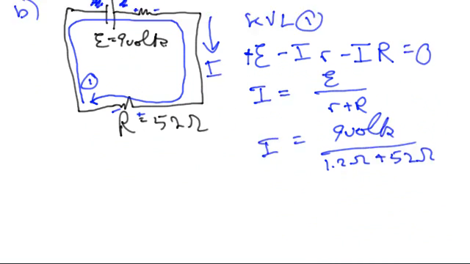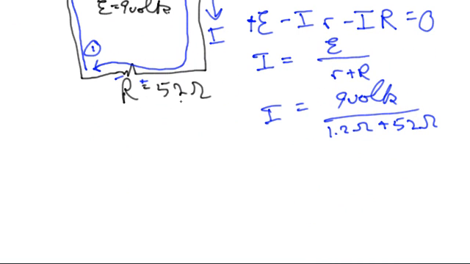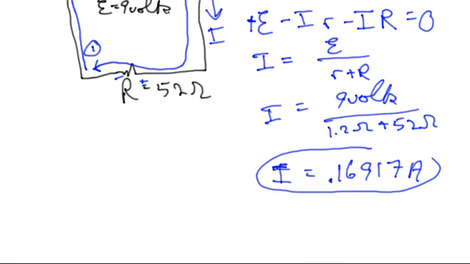It tells us that I equals 0.16917 volts per ohm, which is amperes. That's I. I don't think that's the answer to the question.